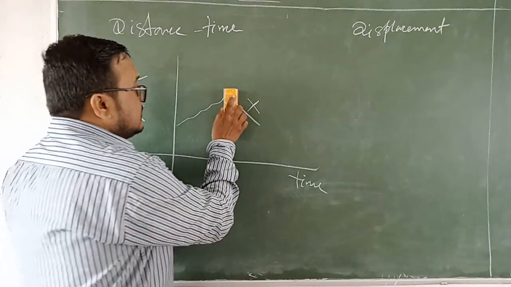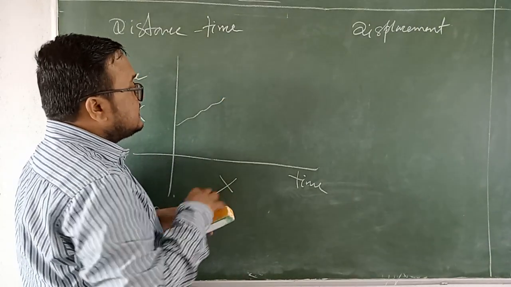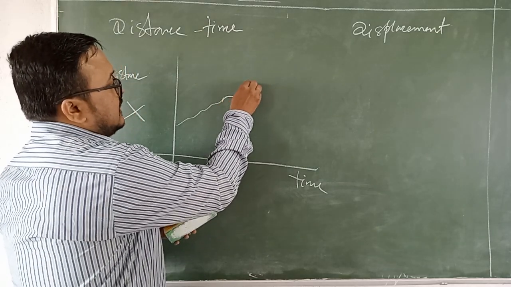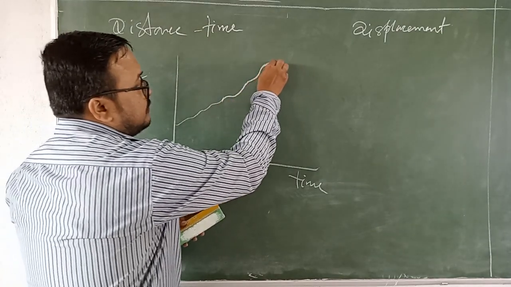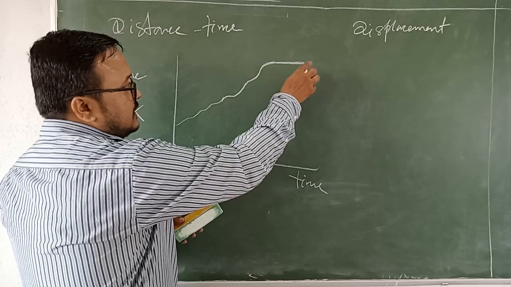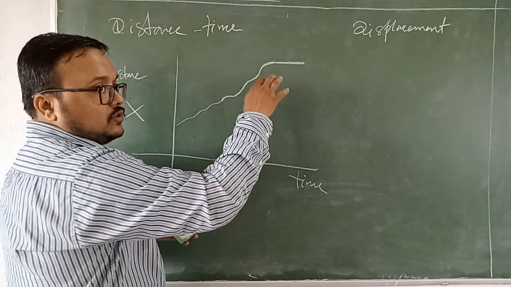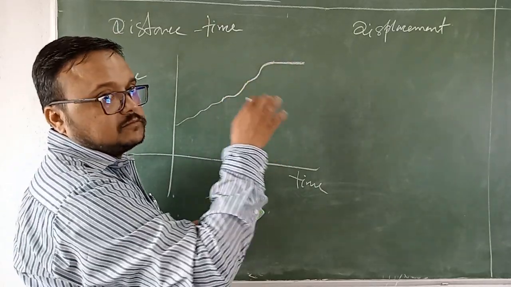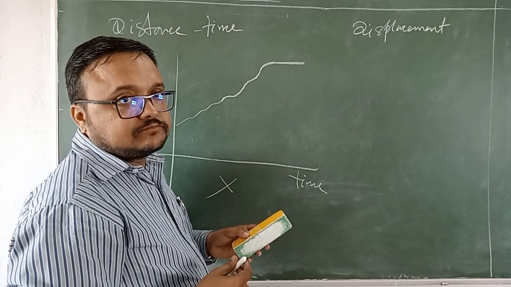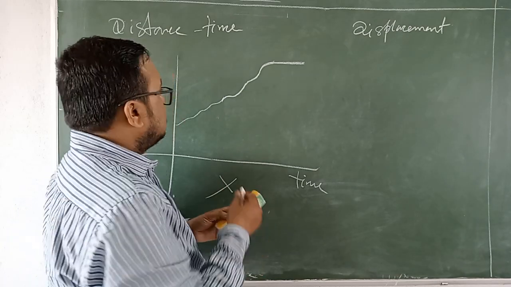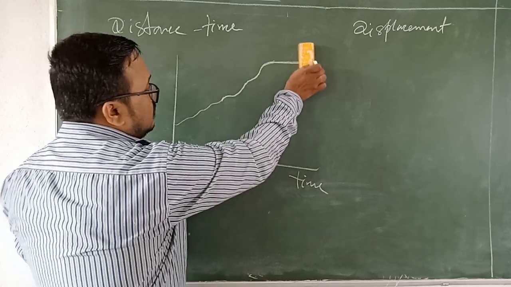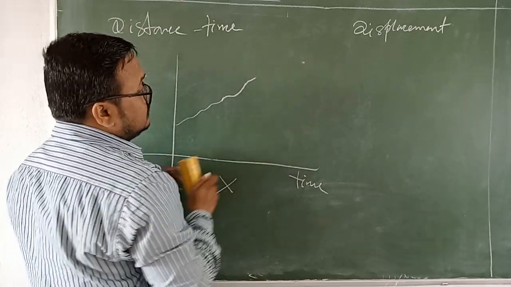So in distance time graph, the distance is always increasing. It may be a straight line. For a straight line means distance is not changing, it is straight. And also time will not decrease.